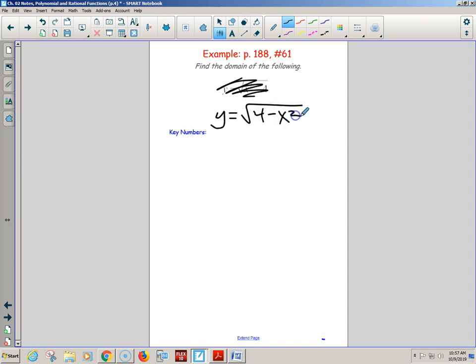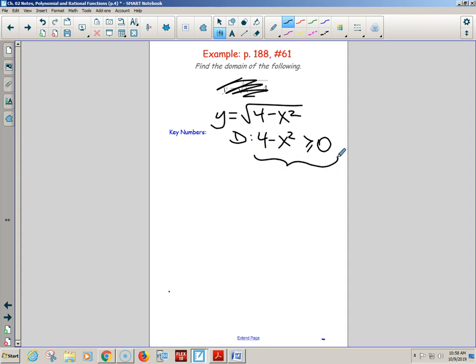Okay, second? Yeah. My domain says this dude needs to be greater than 0. Whenever I have a square root, greater than or equal to 0. I'm allowed to have 0 and I'm allowed to have positive numbers. So if I need that bottom part to be greater than or equal to 0, well now, guys, do you see why this is in this section?